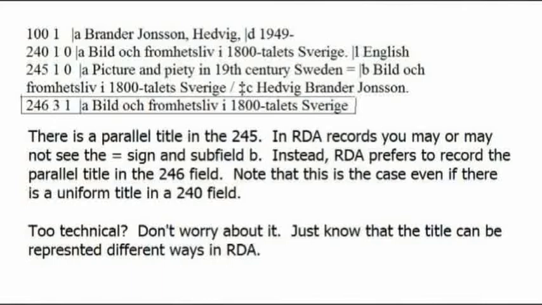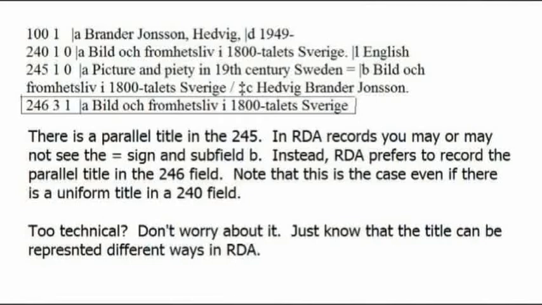The 246 field in this record is specific to the item cataloged and not all versions of the same work. By including both a 246 and a 240, we can currently enrich the searching capability of our records and will hopefully help to improve the clarity of display of records in the future.